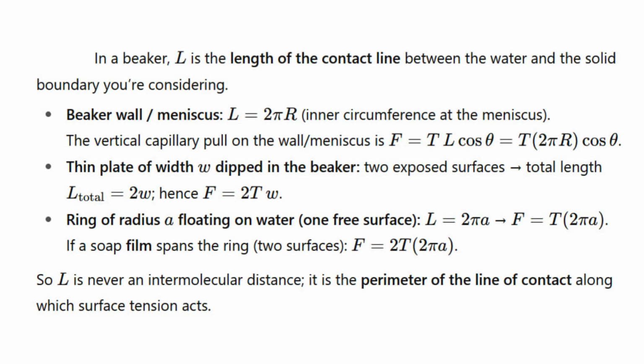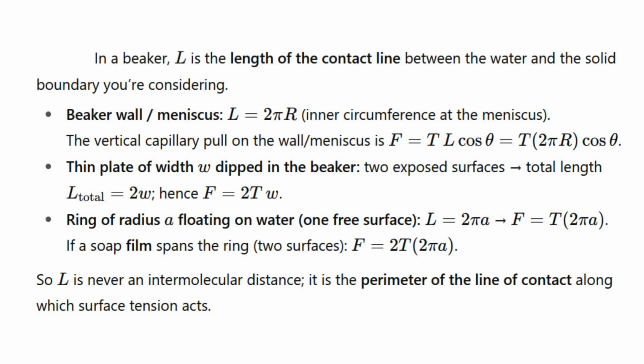When you consider a beaker containing water, the L is nothing but the length of the contact line between water and the solid boundary you are considering. For example, in the case of the beaker wall meniscus, you know pretty well that it is nothing but the inner circumference.